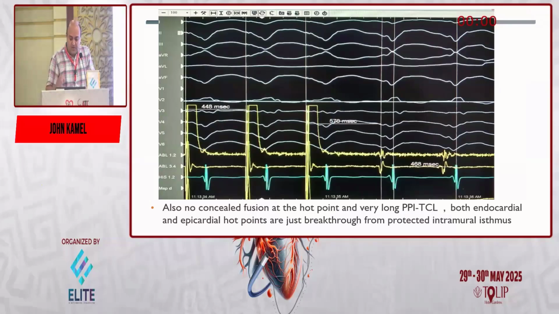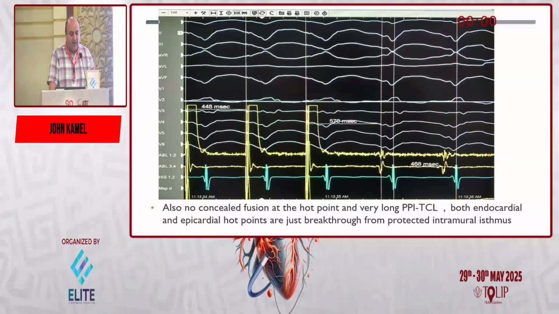But where is the true isthmus? After activation maps in the endocardium and the epicardium, these suggest an intramural isthmus that had been embedded inside the dense scar, and I should search for this protected isthmus in the intramural layer.